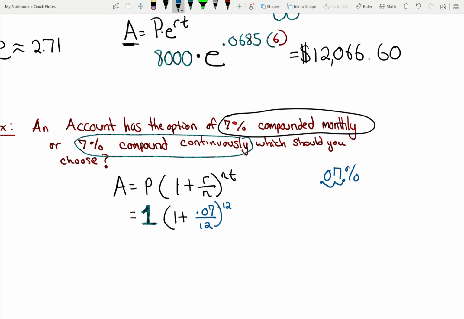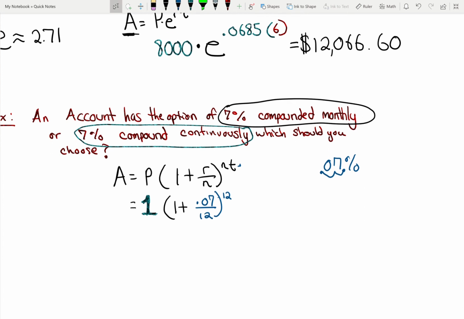How many months are in a year? 12. And we're going for 1 year. This is the value if we were to choose the 7% compounded monthly. Obviously, you would have to use a calculator for this part. Boom.